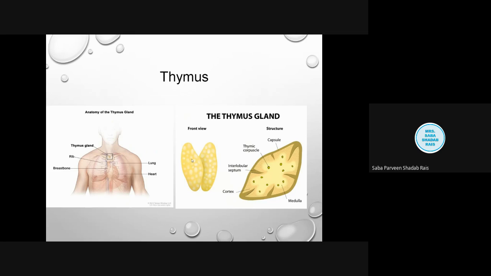Then the next gland is the thymus. Now students, we have learned a lot about the thymus in semester 5. Can you tell me what is the role of the thymus? Come on, fast. I'm giving you a hint: immunology. What is the role of the thymus we have seen?